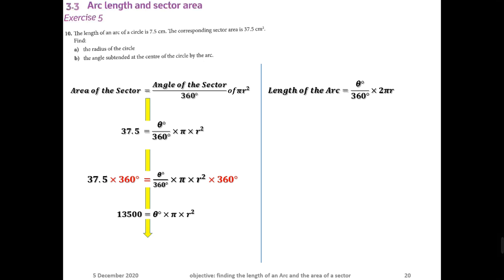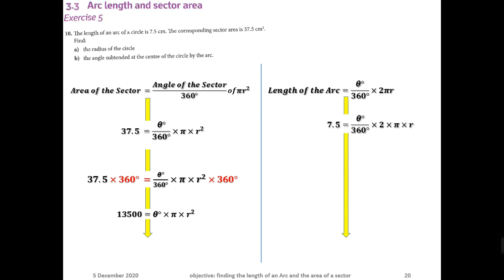The formula for the length of the arc is equal to theta over 360, the angle of the sector over 360, times 2 pi r. The length of the arc is given to us as 7.5, so we replace it: 7.5 is equal to theta times 2 pi r over 360.